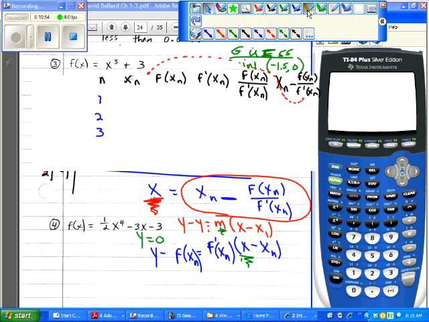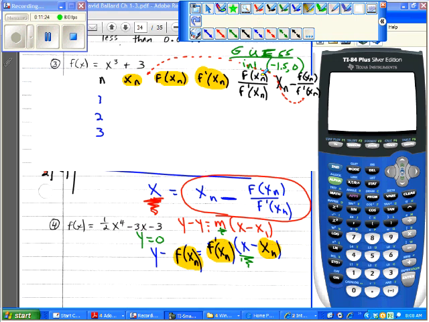Now, I'm going to highlight just so we understand, x sub n was this second x value, right? And f of x sub n is my second y value in my point slope formula. F prime of x sub n is the actual slope of the tangent line at that point.